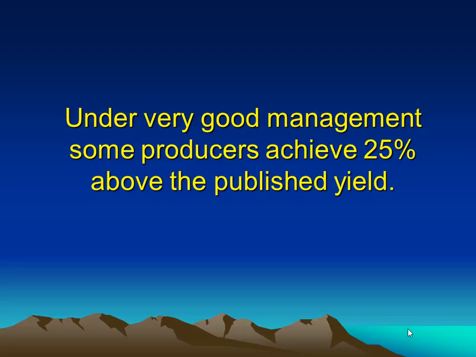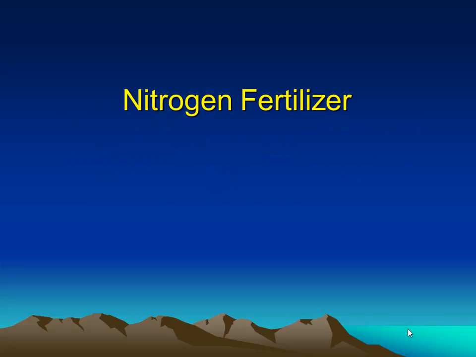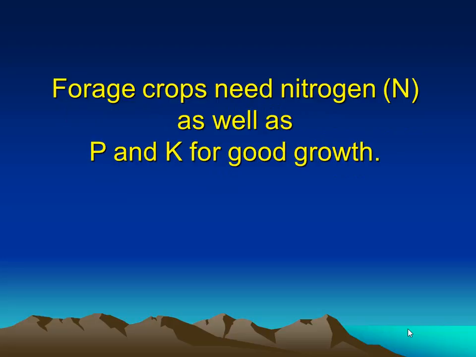Under good management, you can do better than many of the published yields, but you need to develop your management skills. Nitrogen fertilizer. We do need nitrogen. The plants do. We do. As well as P and K.